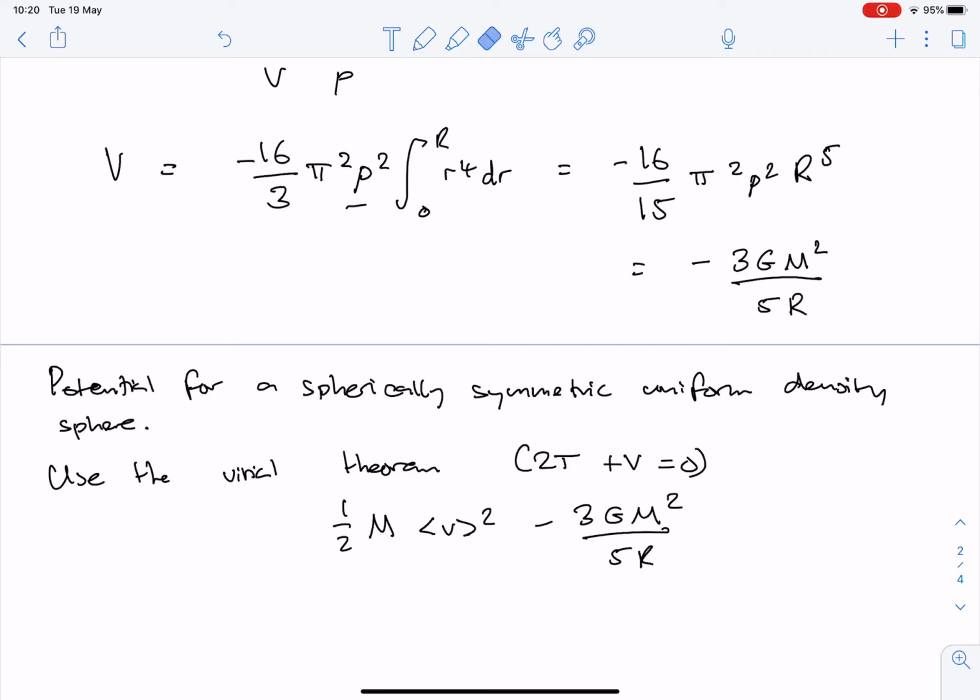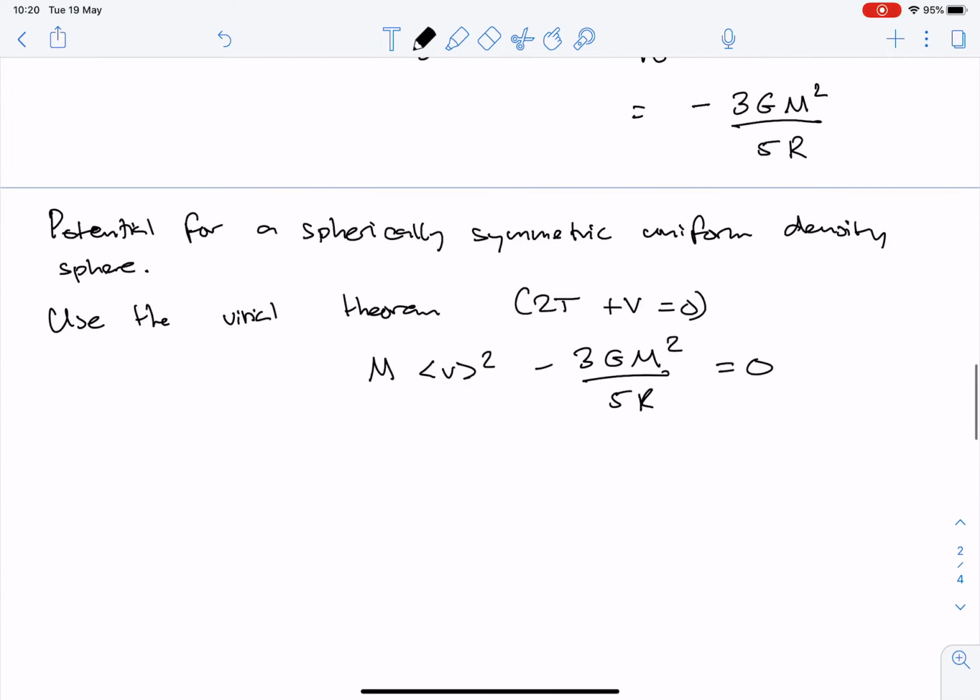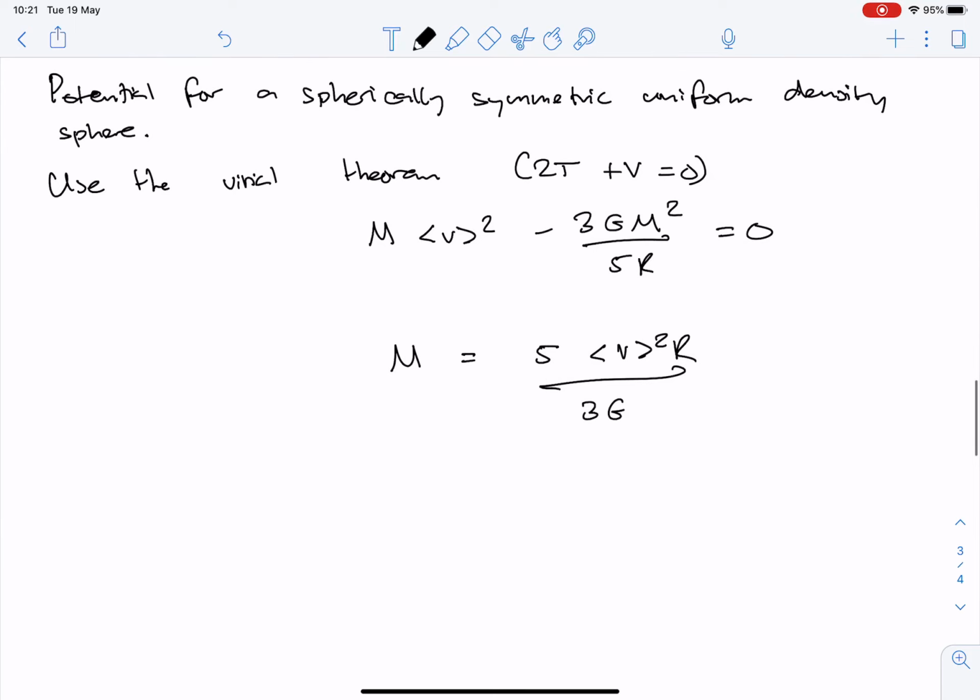Sorry, there's a half. I put the half in here. This is 2T, of course. Sorry, M v squared minus 3GM squared over 5R equals 0. And therefore I can get that M is just 5 v squared R over 3G. And so what I have here is actually a route to obtaining the virial mass.